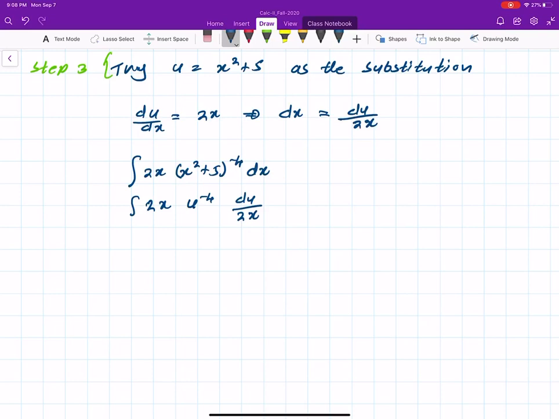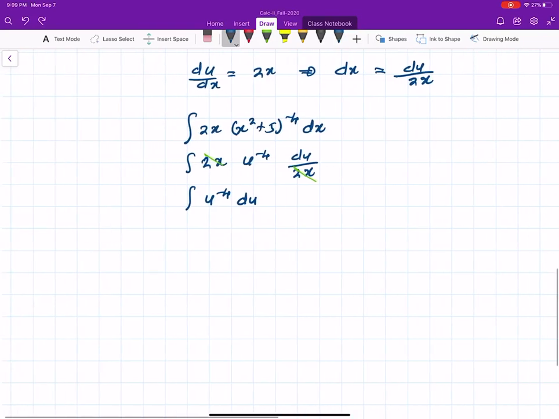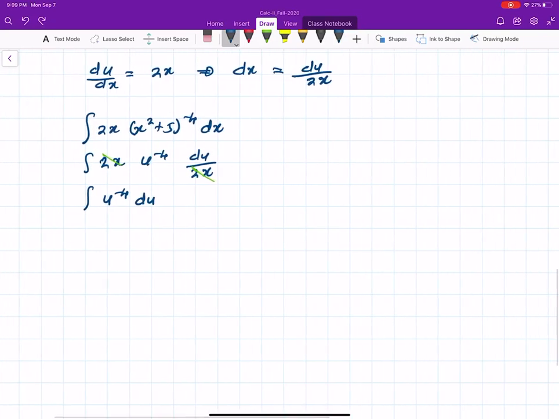You can cancel this 2x with that 2x, and then you write the integral of u to the power minus 4 du. Now you see you have only one variable, which is u. Now you can check whether you know any formula for this. Yes, that is just the power rule for integration.